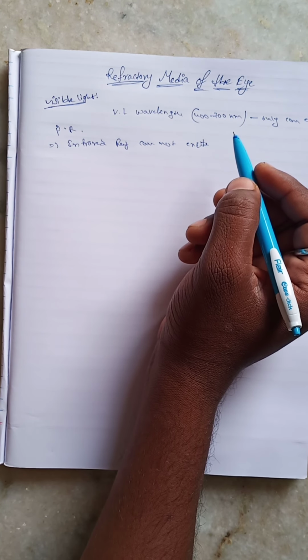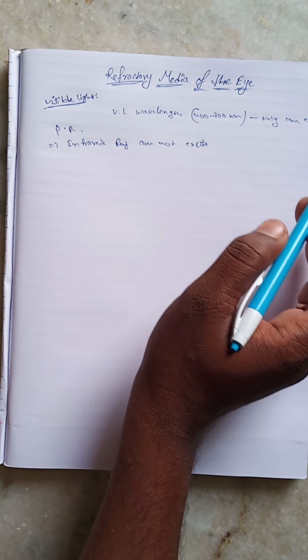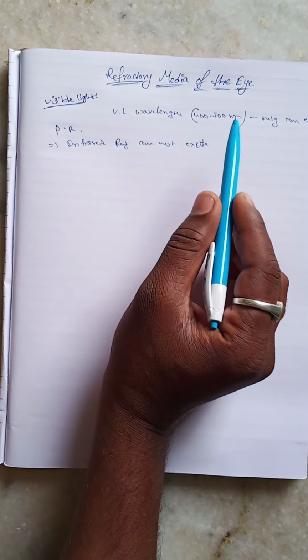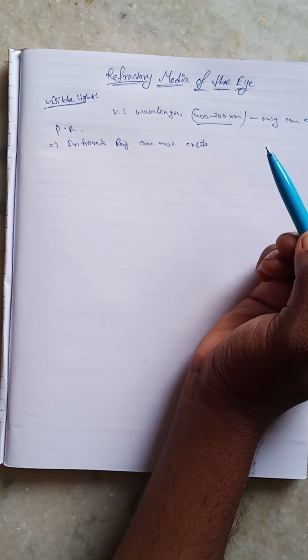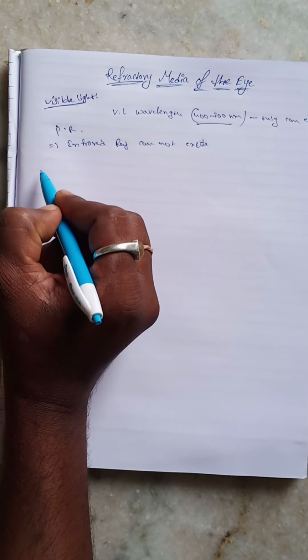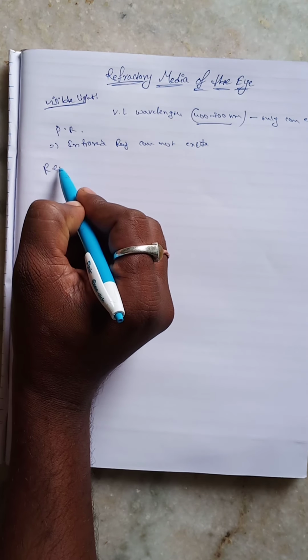Ultraviolet rays are filtered out by the lens of the eye. So this is the introduction to visible light. What is the normal range? 400 to 700 nanometers.